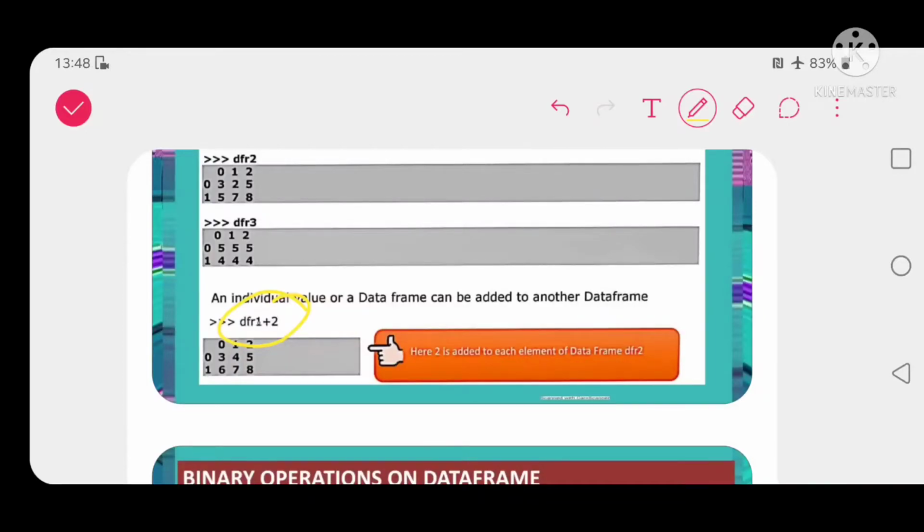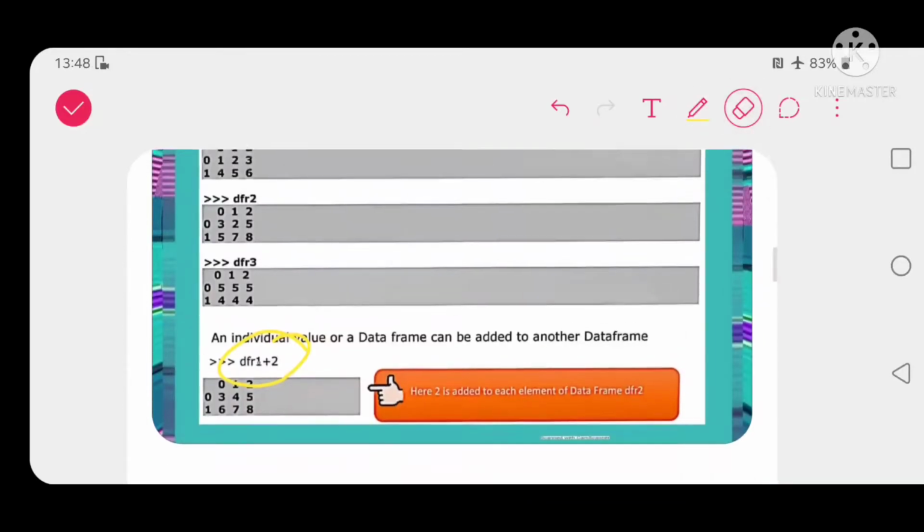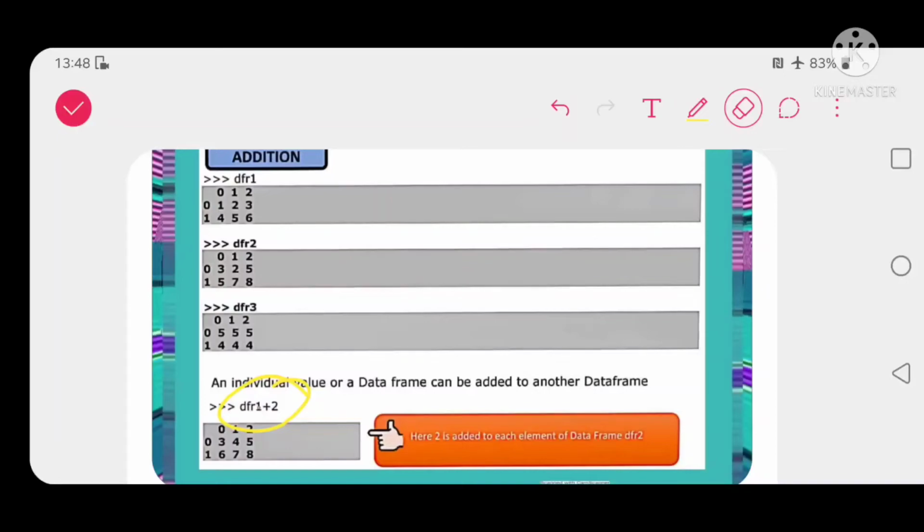Now you can see that this one is frame 1: 0 1 2, 1 2 3, 4 5 6. If I add 2 to this, it means all the values increase by 2.